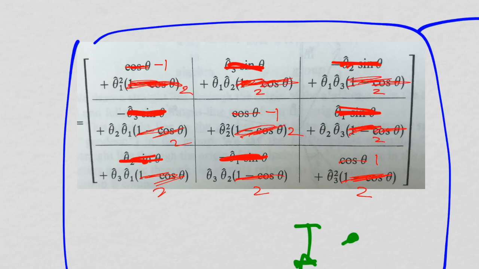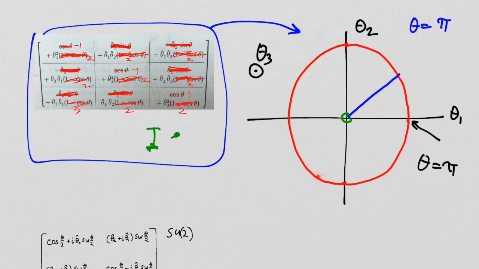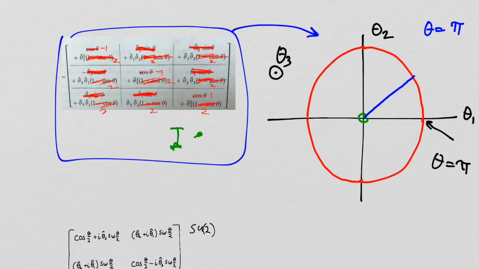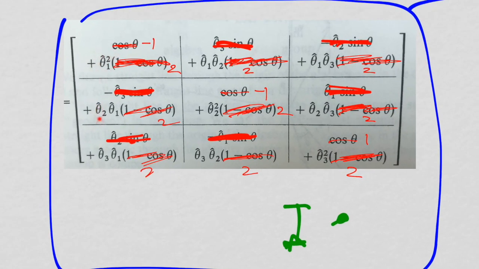That left us with a matrix that is really all about the direction you're headed in. If you are at theta equals pi, you're somewhere on this sphere, and where exactly depends on the specific values of theta 1, theta 2, and theta 3. Each of those points on the surface of the sphere will have its own matrix defined by those values.